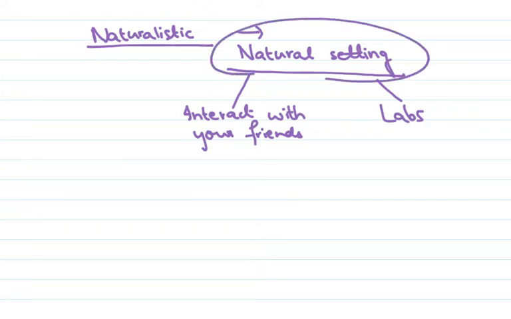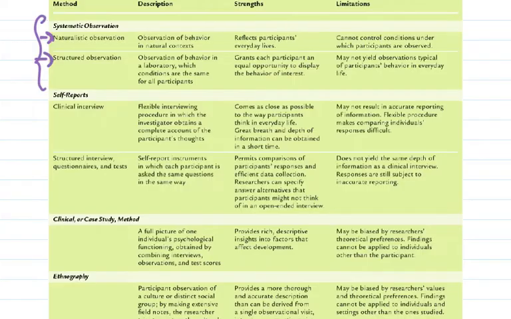Versus more structured observation. When we talk about structured observation, it always happens in a controlled setting, right? So if you go back to this, what you see is that it's observation of behavior in a lab, for which the conditions are the same for all participants. So for example, you set up some kind of situation in a lab.